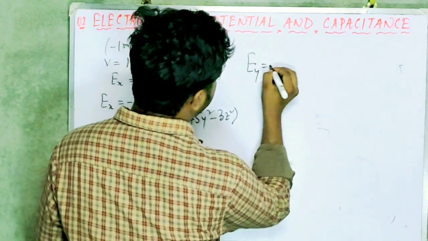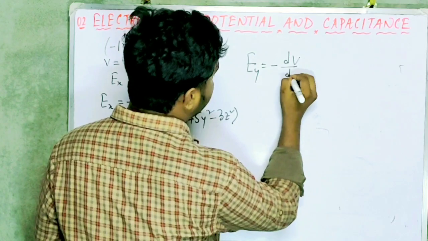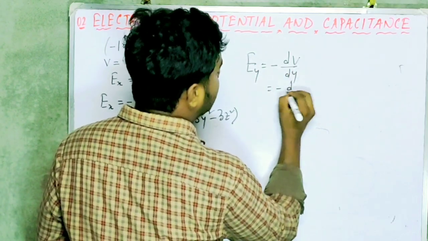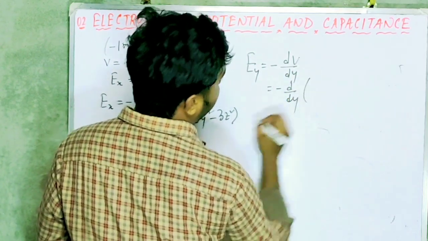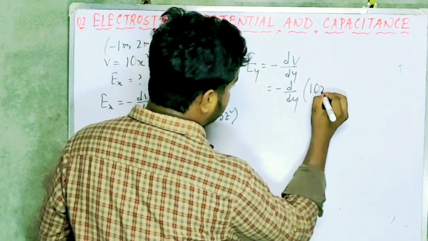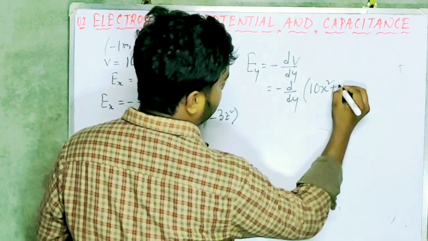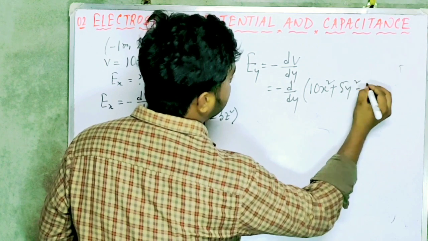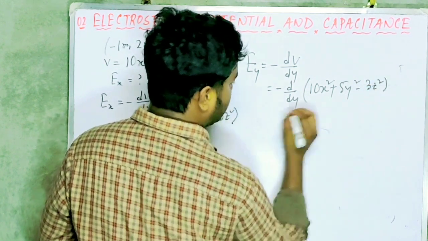Ey is equal to minus dV by dy, that is minus d/dy of V, and V is 10x square plus 5y square minus 3z square.